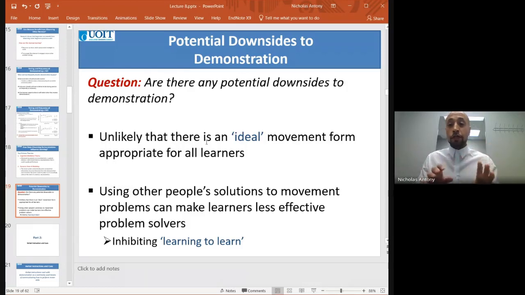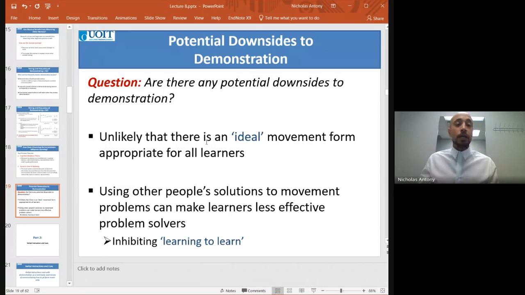The thing is that everyone, based on anthropometrics and the way that they move their bodies, will achieve it with a little bit of a different motion. So there's unlikely an ideal movement pattern when demonstrating for someone that matches what everyone should do. So that's one factor to consider.